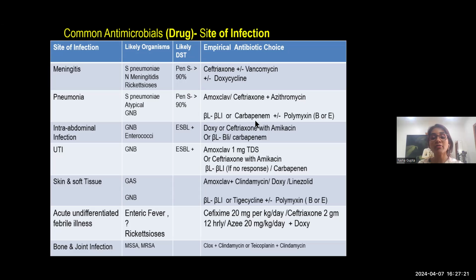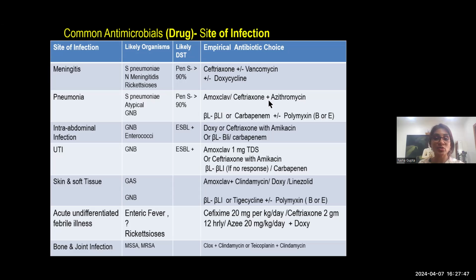For patients who have prior severe pneumonia and are admitted in the ICU, or have prior exposure to BLBLI or to carbapenems, or have structural lung disease, a carbapenem is justifiable. But otherwise, on an OPD basis or inpatient non-ICU, we can go ahead with third generation cephalosporins or even amoxicillin clavulanic acid along with azithromycin.